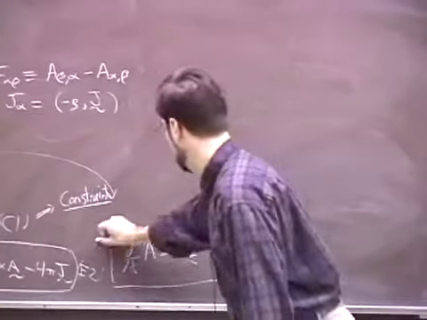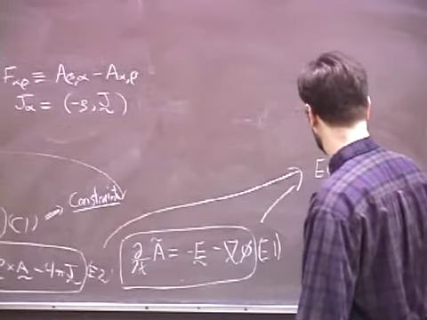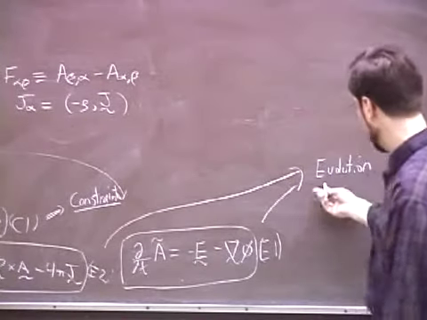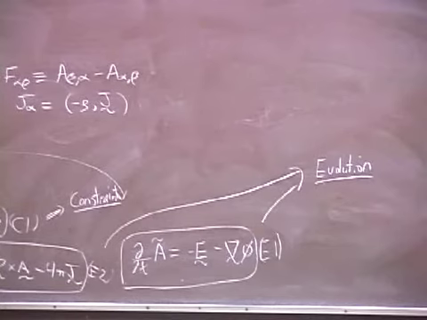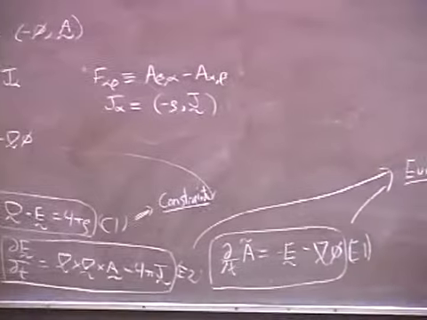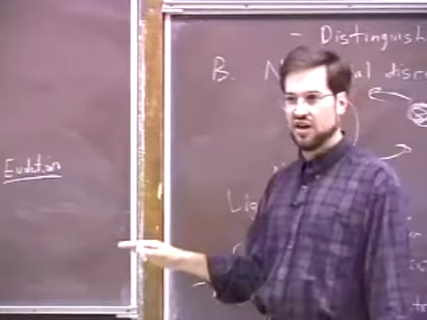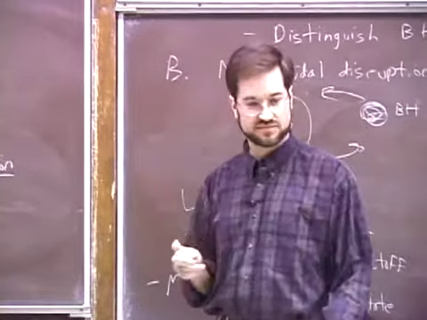And then these two equations are called E1 and E2. These are evolution equations because they tell you, given a particular value of E and A at a particular time, what happens to A and E as you evolve into the future.